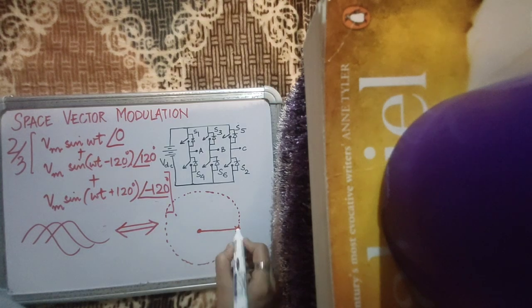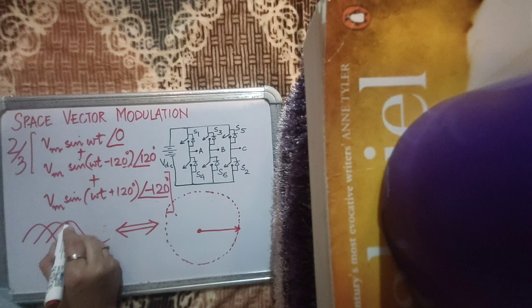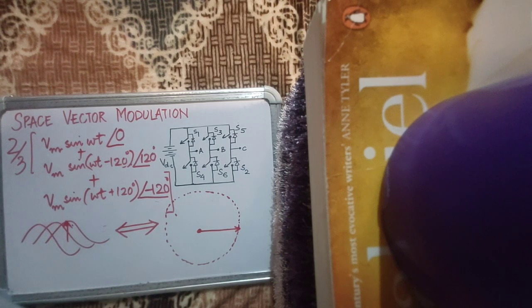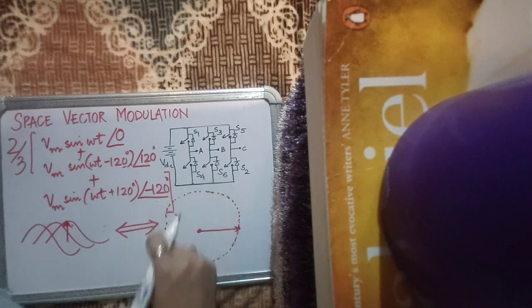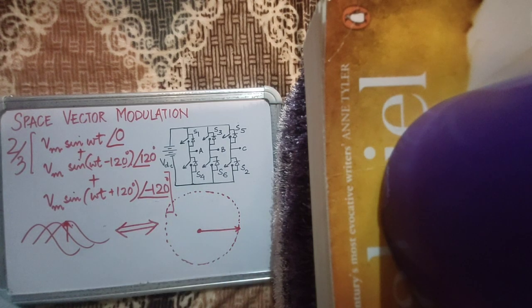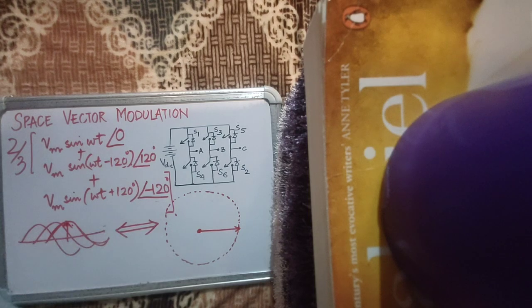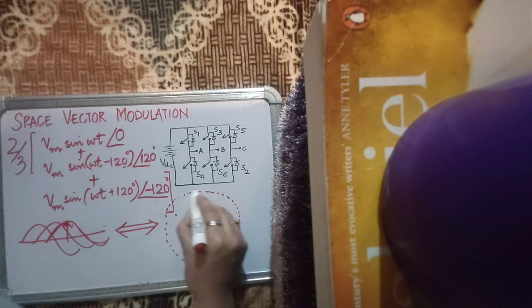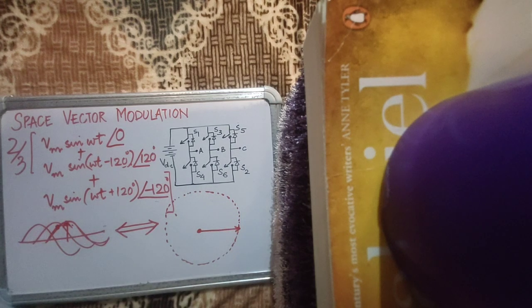That one vector has a fixed magnitude, and that magnitude is the peak value of the sine wave. That vector is continuously rotating. Its speed of rotation determines the frequency of the sine wave, and its position on the circle determines the phase position of the three-phase system.